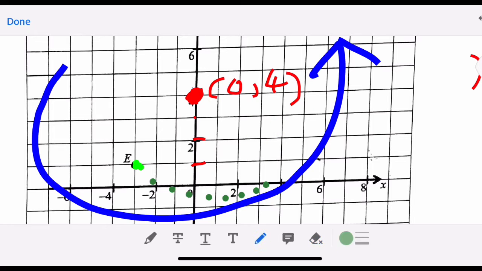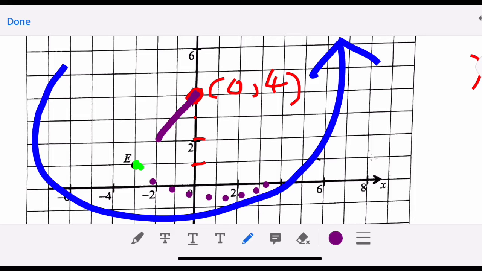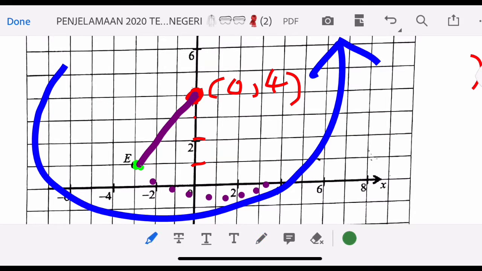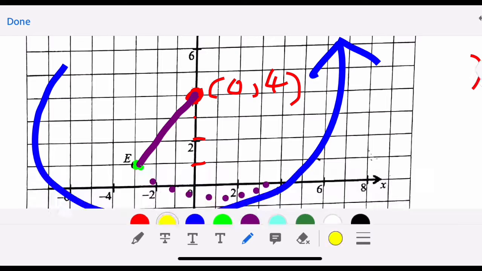How to work out? Okay, I want to teach you one method. From the center, from the red, you use a ruler and connect to point E, the object. And then when you connect, you can try to count the boxes. How to count the boxes is like this.